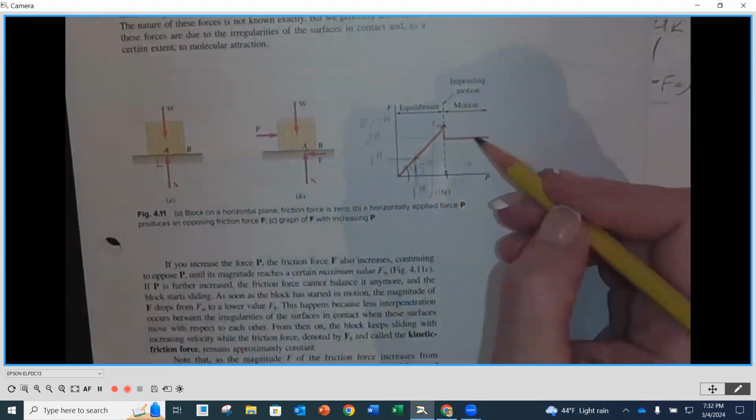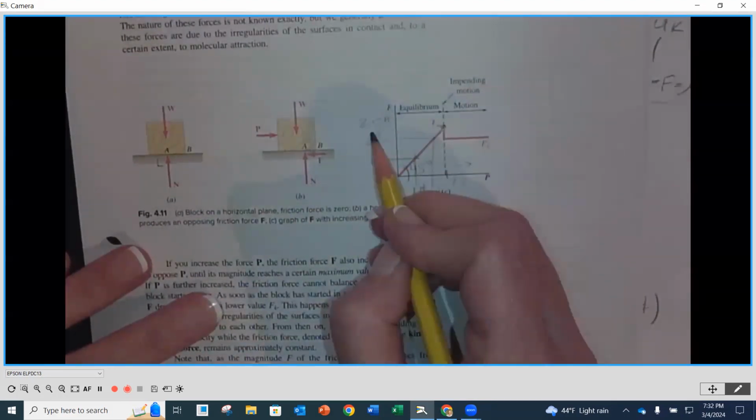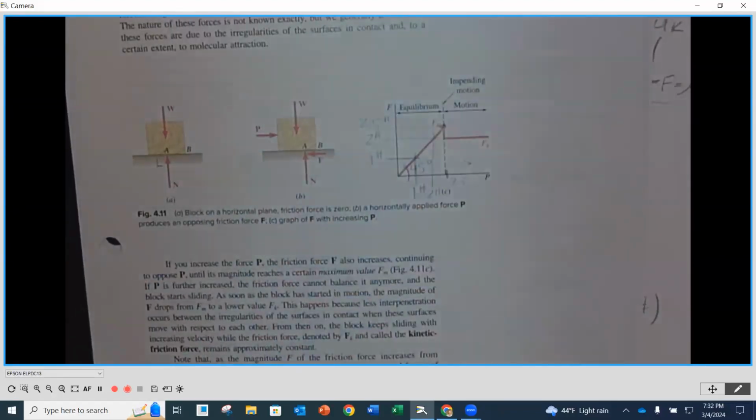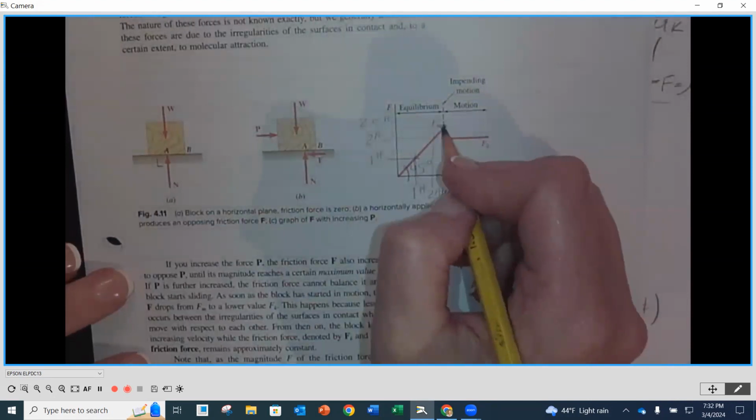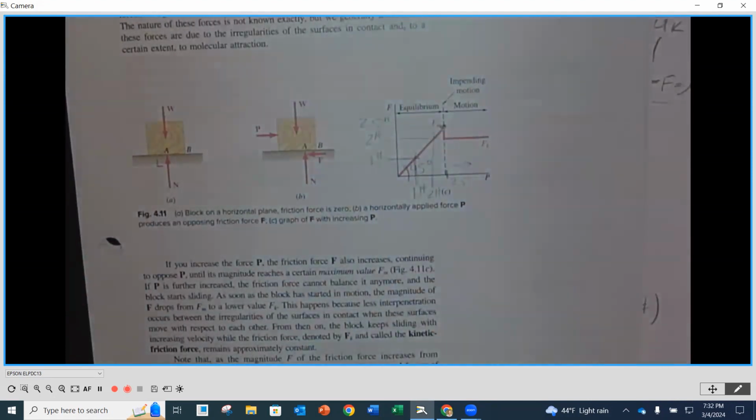We had to find where that breakaway point was. It was 240 pounds. Now when I break away, those surfaces actually push past each other, and it's easier to get going. Once they break away, they've got momentum going with them.